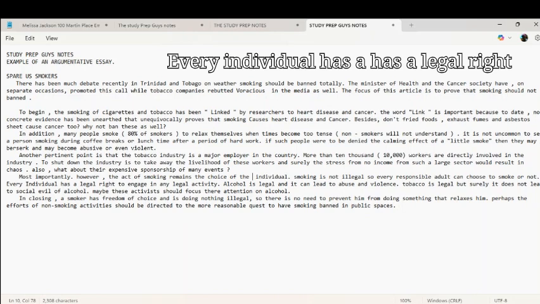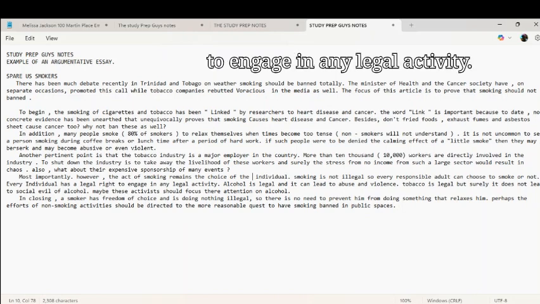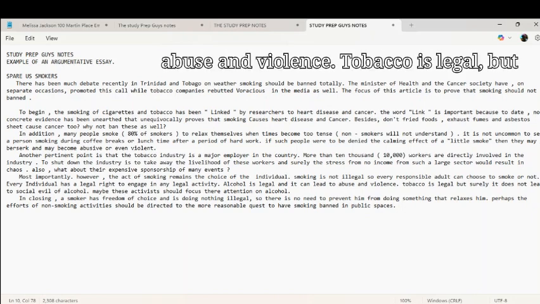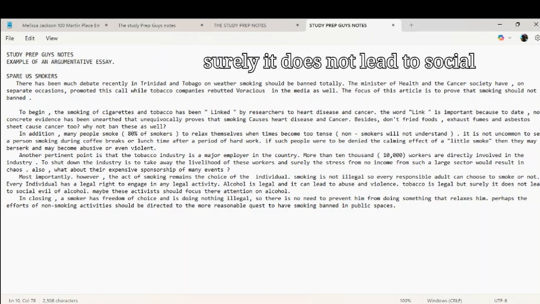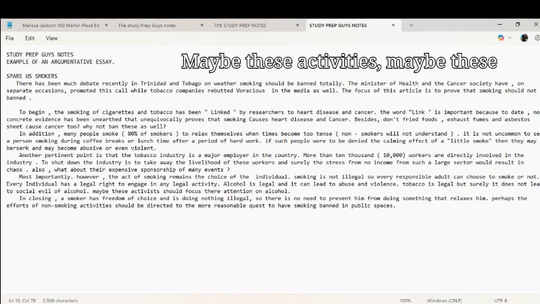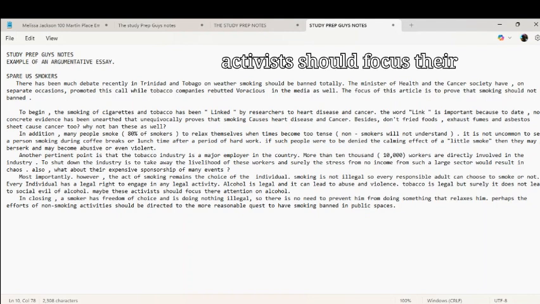Every individual has a legal right to engage in any legal activity. Alcohol is legal and it can lead to abuse and violence. Tobacco is legal, but surely it does not lead to the social evil of alcohol. Maybe these activists should focus their attention on alcohol.